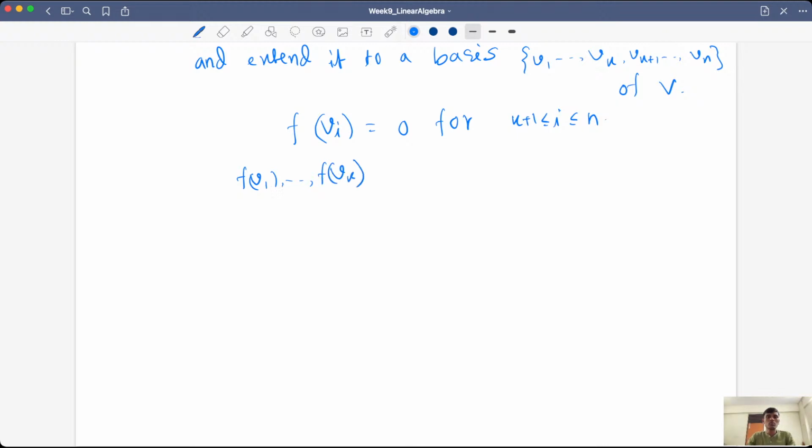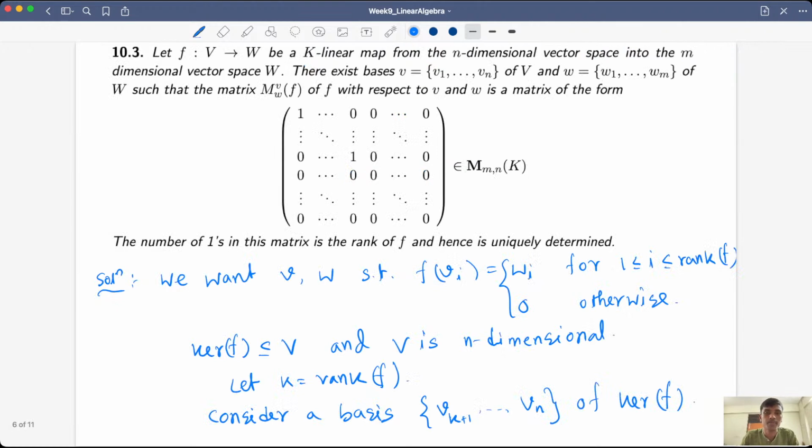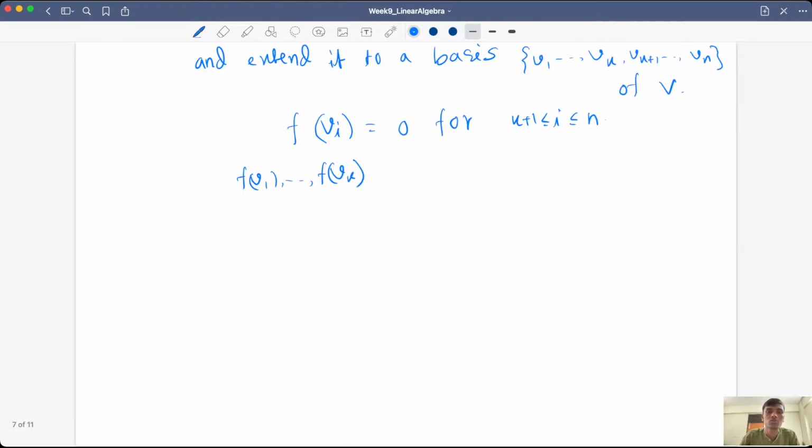Because this is a basis of v, the image of f is generated by fv1, fv2 up to fvn, but vk plus 1 to vn are all 0, so the only remaining terms are f of v1, f of v2 up to f of vk. And as the rank of f equals k, and these are the generating set, this is a basis of image f.